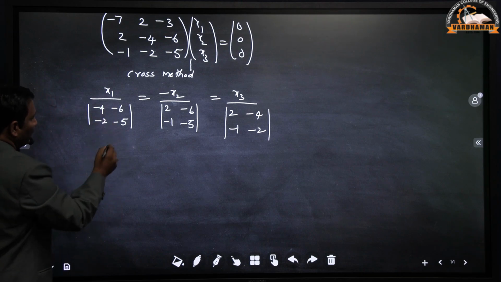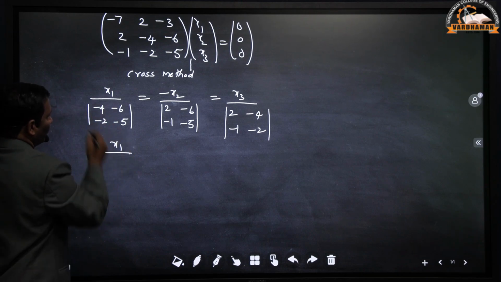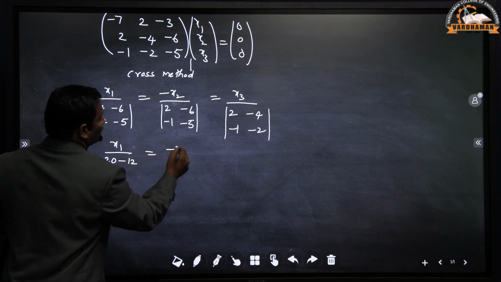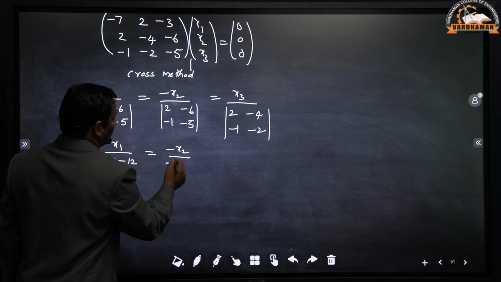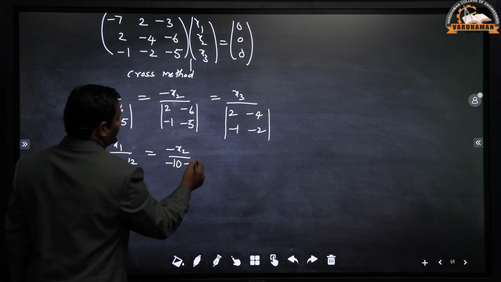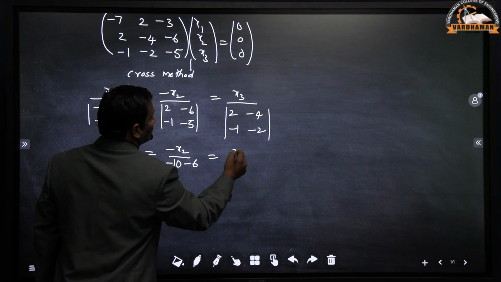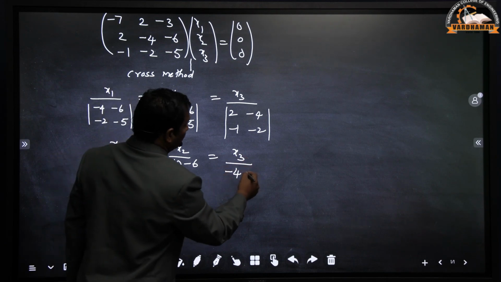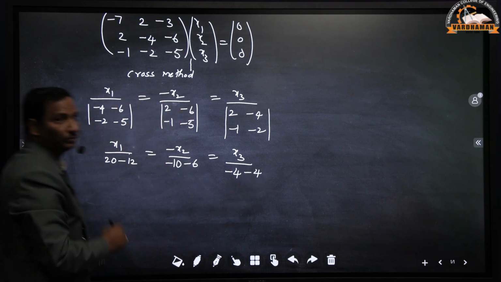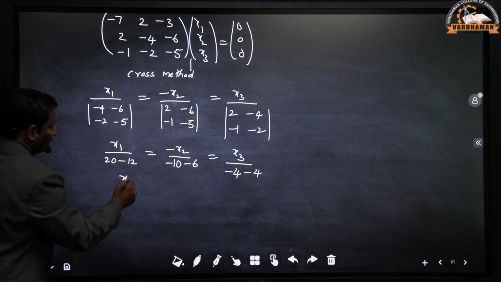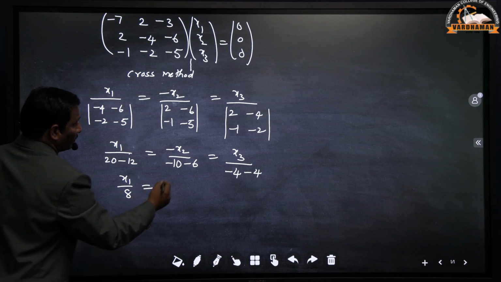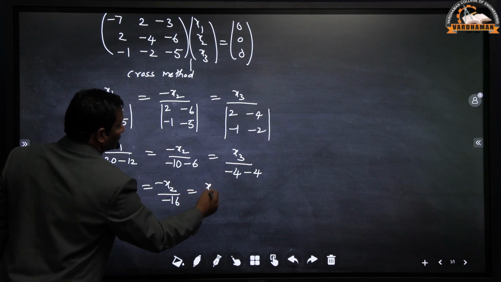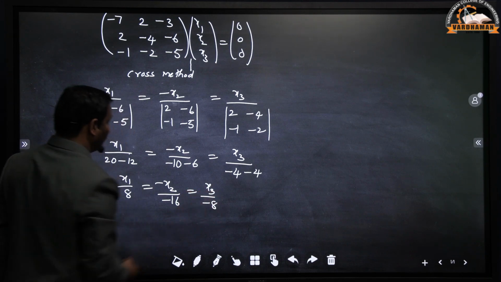Expand the determinant: x1 by 20 minus 12, minus x2 by minus 10 minus 6, x3 by minus 4 minus 4. Now x1 by 8, minus x2 by minus 16, and x3 by minus 8.